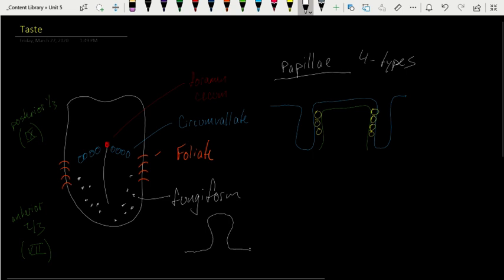Oftentimes, in fact, you can do this if you have a little circle of paper. You can take it with a specific diameter, stick it on your tongue, and then dye with a blue dye everything that's in there. And that blue dye causes these taste buds to pop out, and you can count the density of taste buds. Everybody has different densities of taste buds. There are super tasters out there who actually insure their tongues because it's their livelihood.